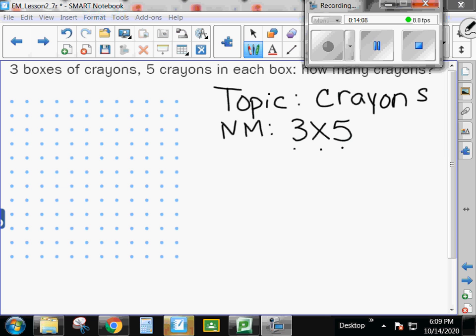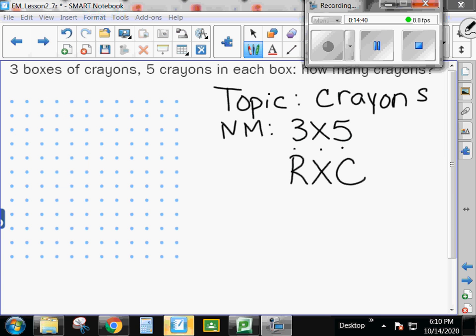Now I want you to go ahead and draw what that would look like as an array. Remember, rows times columns. So you're going to have 3 rows going across this way. Now it's going to have 5 columns, or 5 in each row. Usually this gets a little bit tricky as you start thinking about drawing your array.